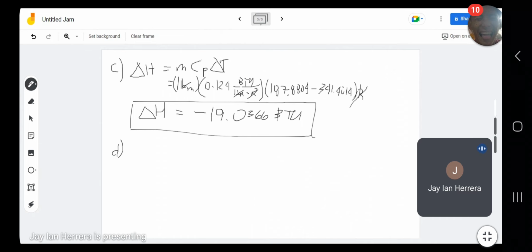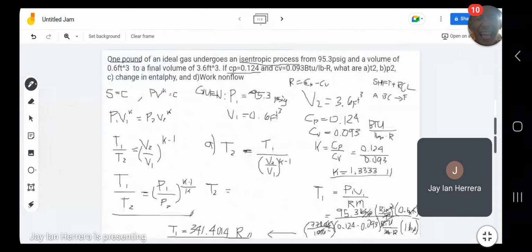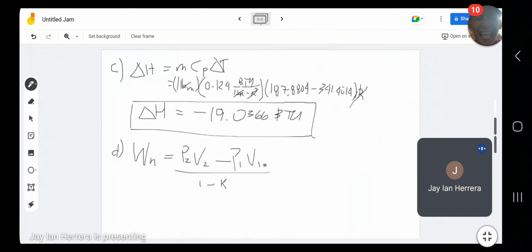For work and flow, for isentropic, that is P2 V2 minus P1 V1 over 1 minus A. Since given na pala lahat, we can simply substitute the values here.